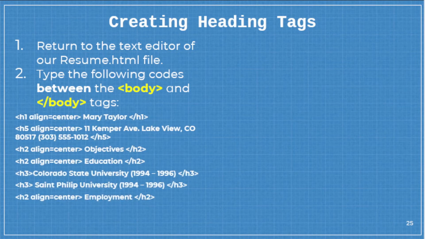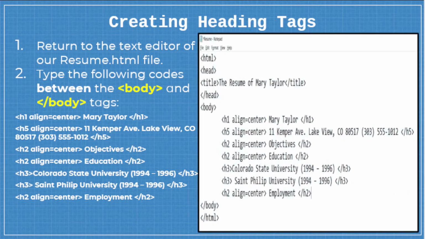Again, hit that pause button and copy or type this entry. To give you an idea, this is what it will look like on your Notepad. Where are we going to type these codes? In between the body and /body. So look at the image on your screen.